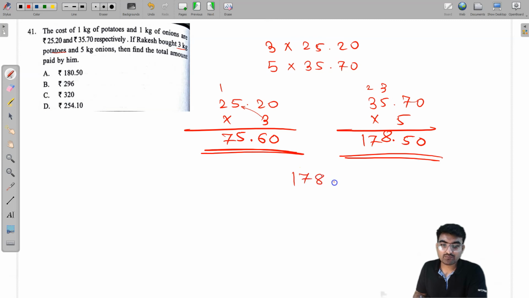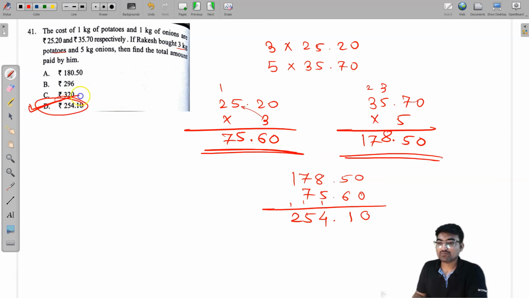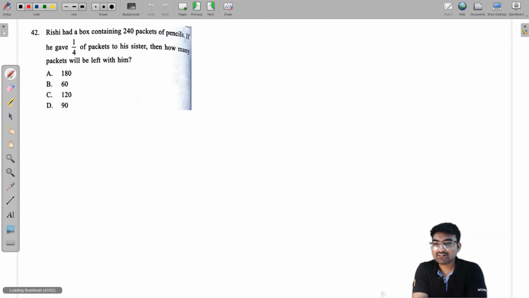So we have to add both the values. 75.60, 0 0, 6 5, 11, so 1 carry 1, 8 5s are 8 plus 6, 14, so 4 carry 1, 7 7, 14 plus 1, 15, 5 carry 1, 1 plus 1, 2, so 254.10, that is option number D, right?